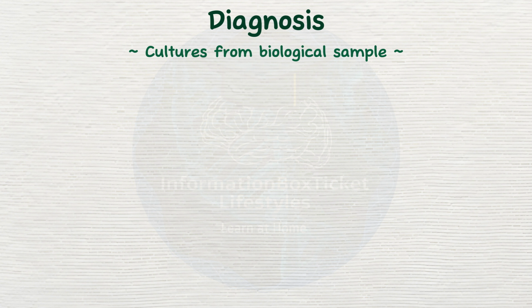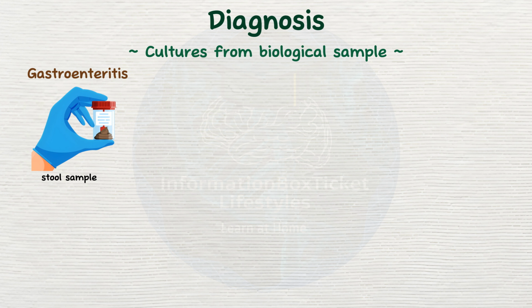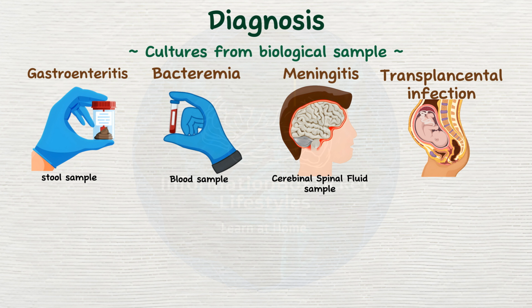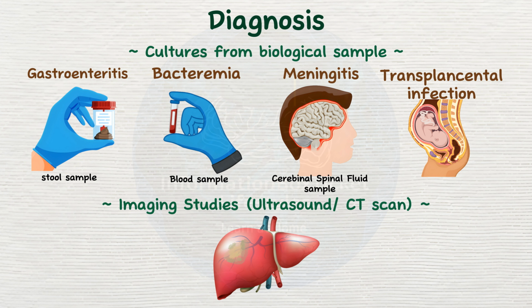Cultures from a biological sample are used to diagnose a variety of conditions, including gastroenteritis, bacteremia, meningitis, and transplacental infections. Imaging investigations, such as an ultrasound or a CT scan, can help to detect liver abscesses.